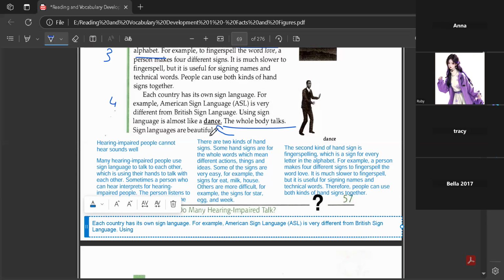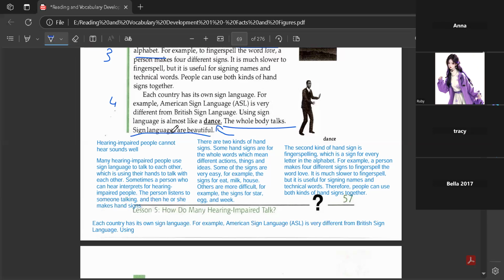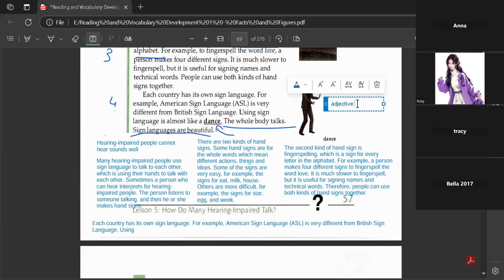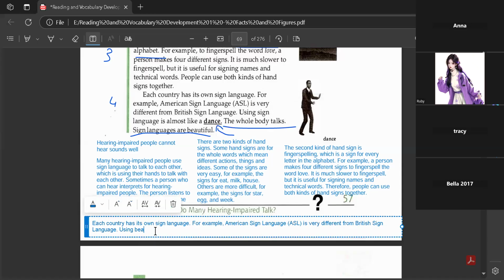The sentence is not really necessary, but if you want to give more information, like to describe the sign language, you can add the adjective beautiful in front of sign language because it's a noun. As you already know, an adjective stands before a noun. So we're going to write: using beautiful sign language is almost like a dance, in which the whole body talks.